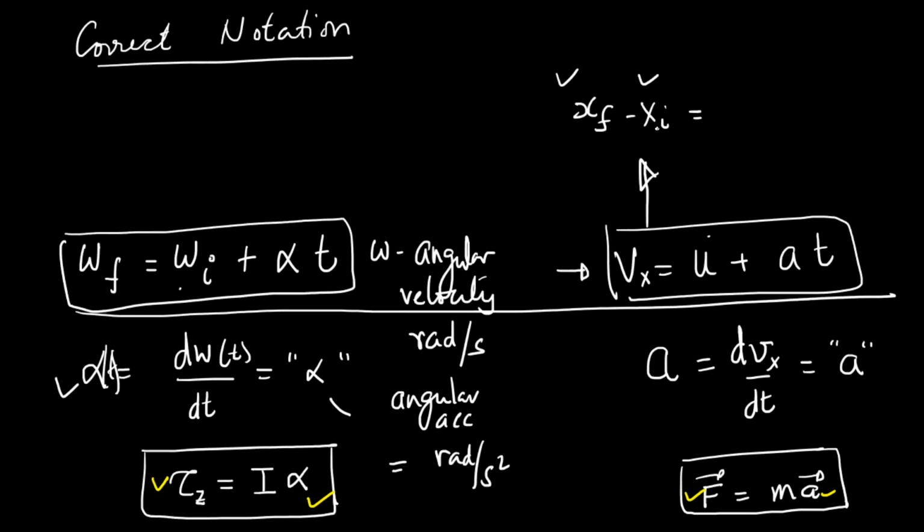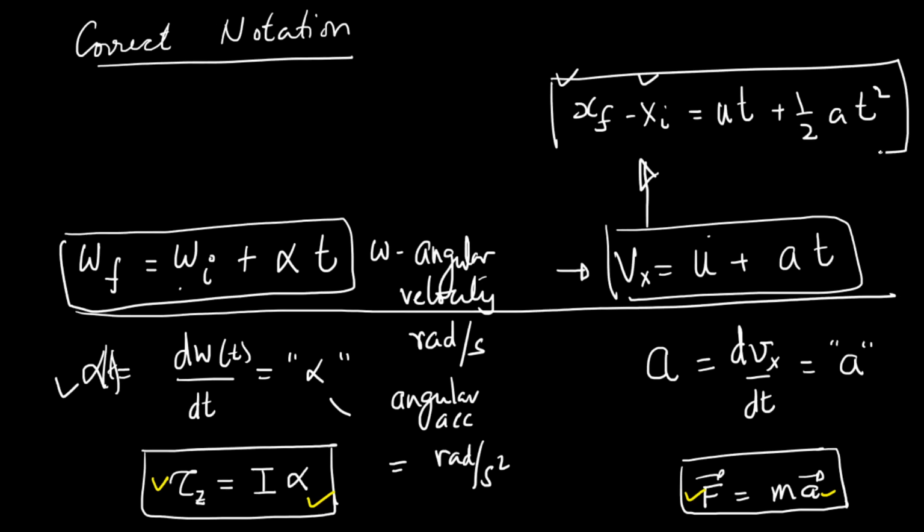The position of the particle is ut plus half at square, and the reason is of course that if you differentiate this you get this, so you can easily now predict the rotational kinematics formula that you need.